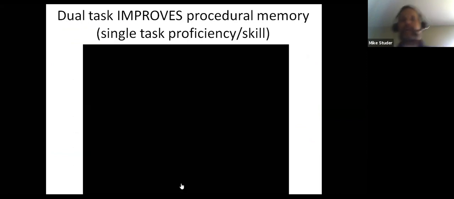So are dual tasks efficient in terms of pushing an individual's capacity and procedural memory? Do we get better at the tasks that we have combined in a dual task nature?